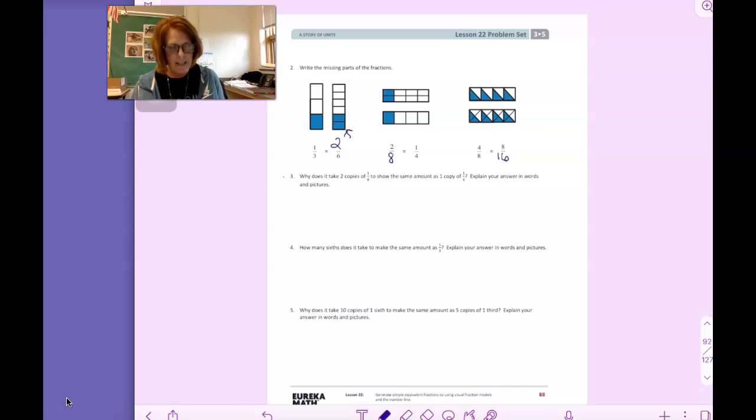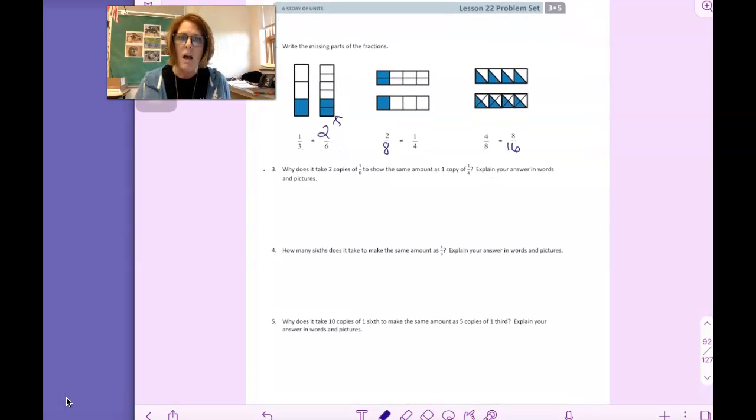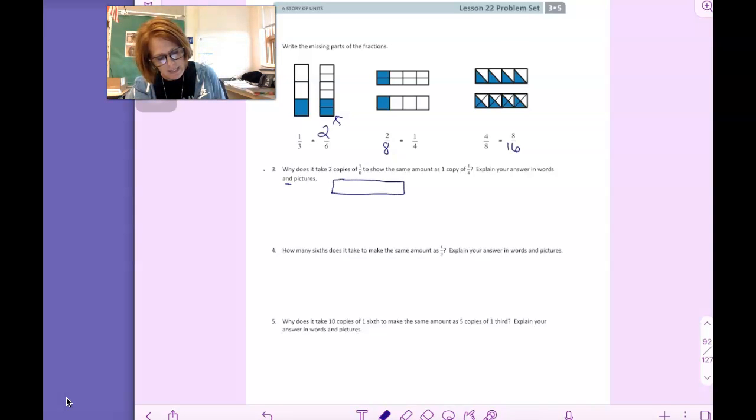So that leads us to number 3. Why does it take 2 copies of 1/8 to show the same amount as 1 copy of 1/4? Explain your answer in words and pictures. So we need to draw a picture and explain it in words. So I'm going to go to my trusty handy dandy rectangle.